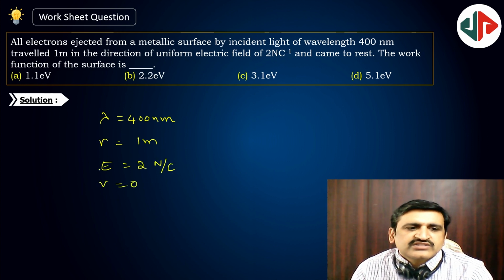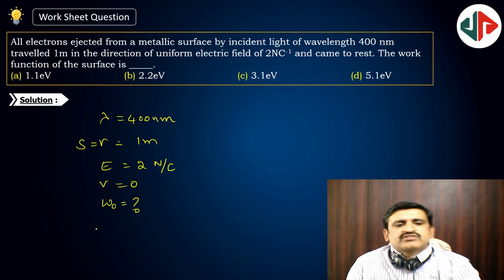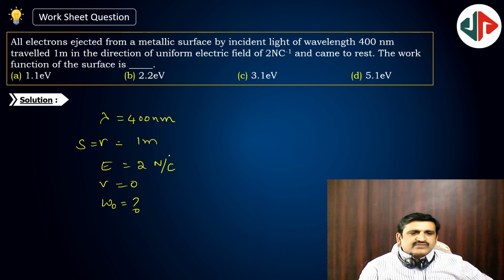Final velocity 0. This distance I can call S. Then the work function is equal to how much? So it indicates kinetic energy. From this, S is equal to 1 meter. Acceleration is equal to EQ by M.